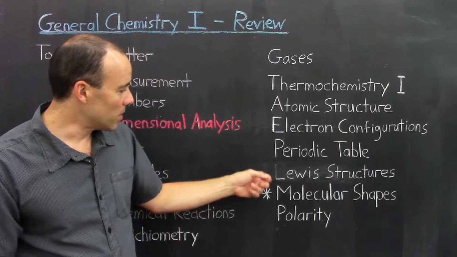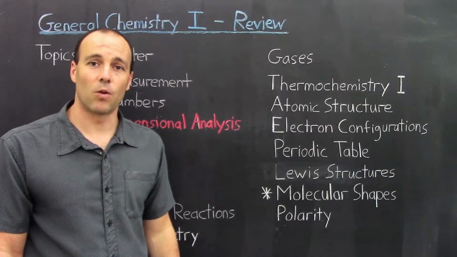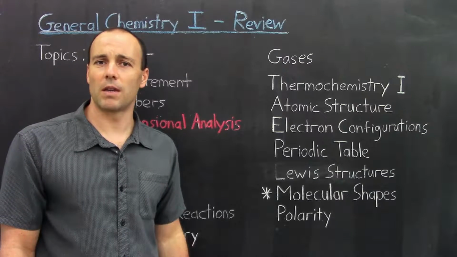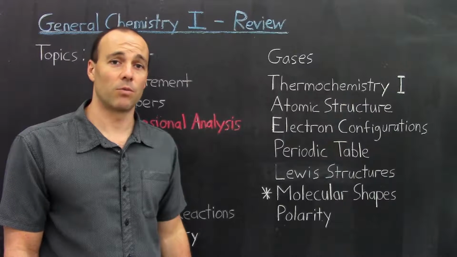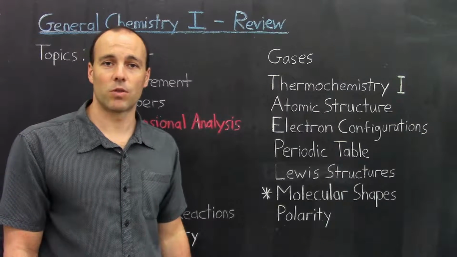Lewis structures is a very important topic for those of you who are going to be studying organic chemistry or biochemistry. You really want to understand Lewis structures, and it would be helpful to go ahead and review that on your own, how to draw a Lewis structure properly.